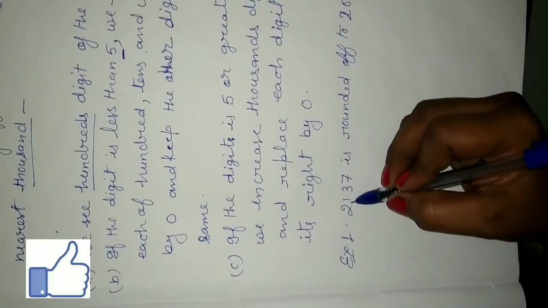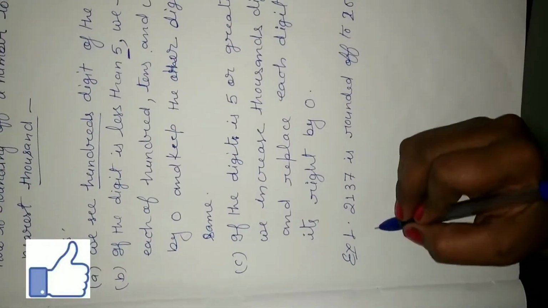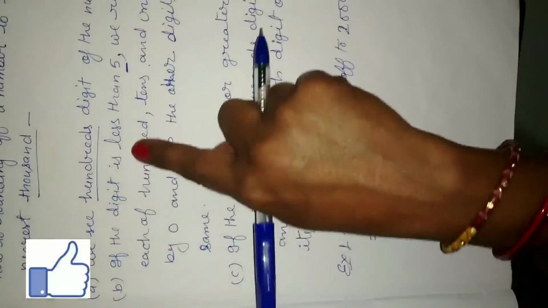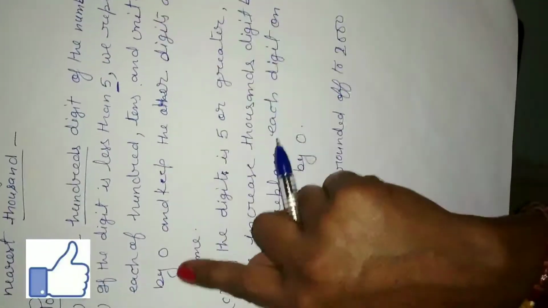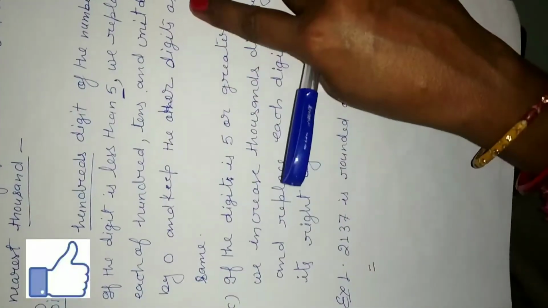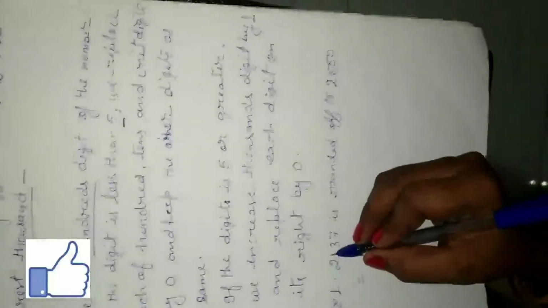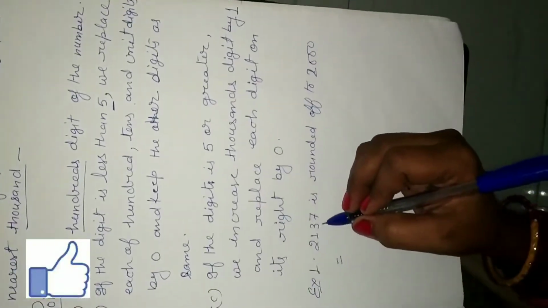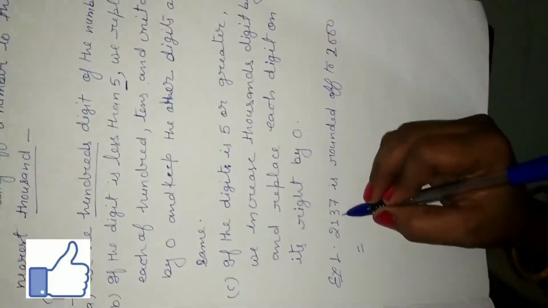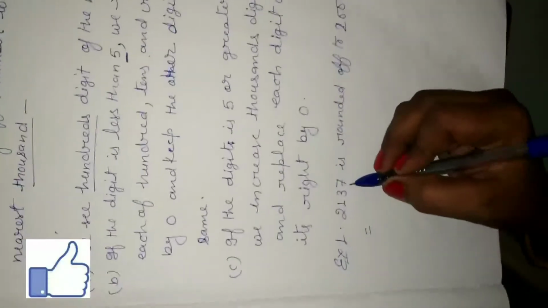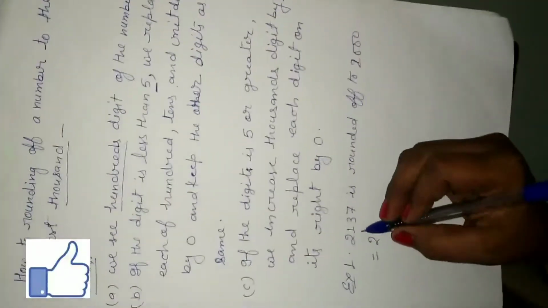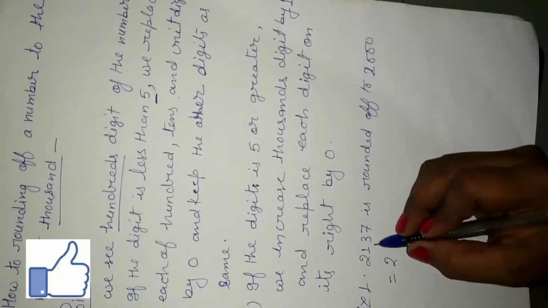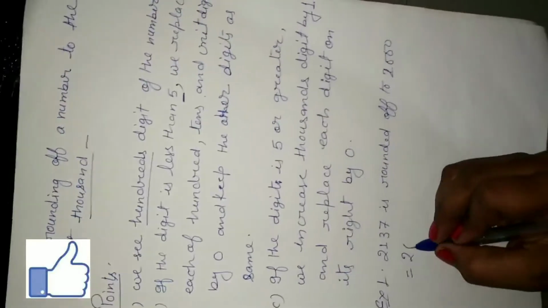Ones, tens, hundreds. What is the hundreds digit? 1. If the digit is less than 5, we replace each of the hundreds, tens and unit digits by 0 and keep the other digits the same. So this is less than 5. Means 2 will be the same and the hundreds, tens and unit digits will be 0.